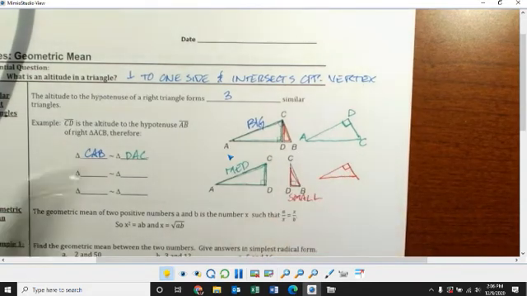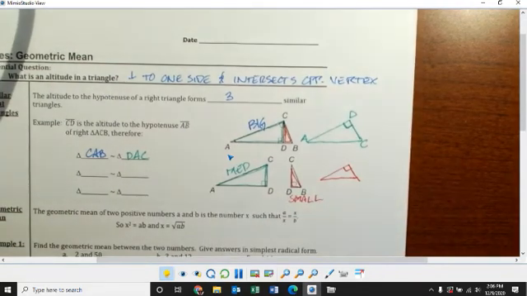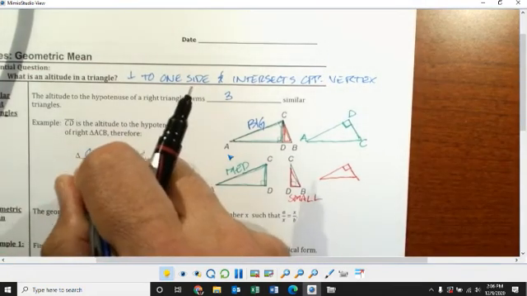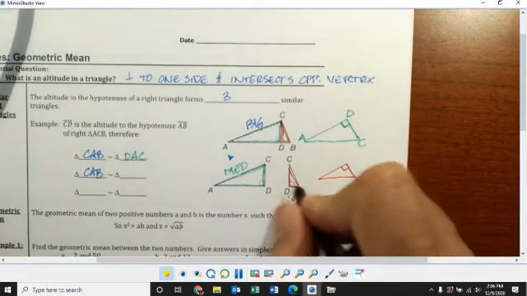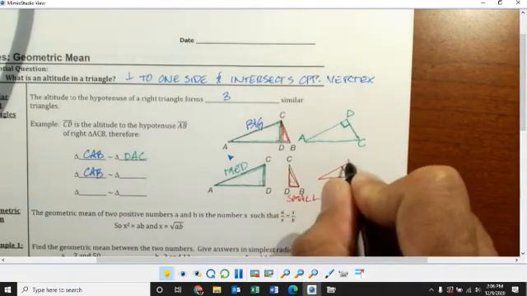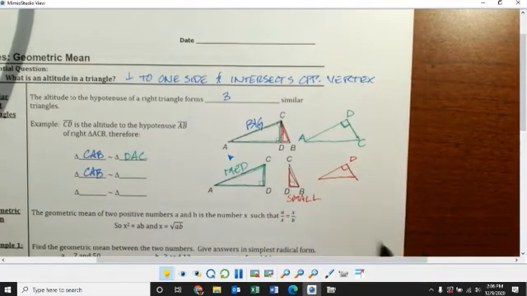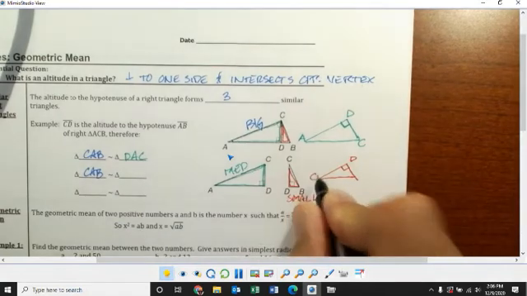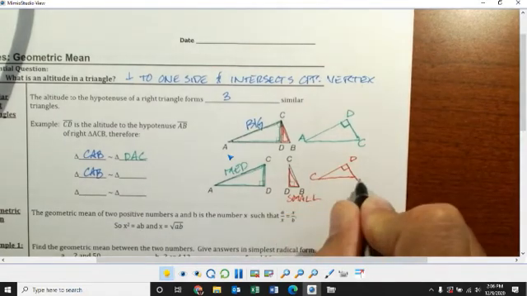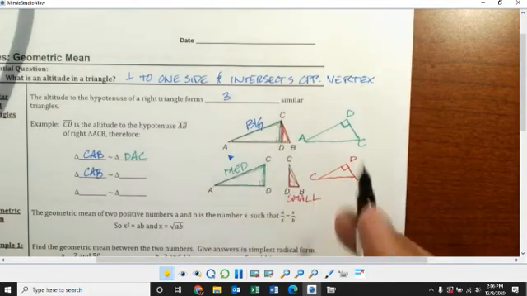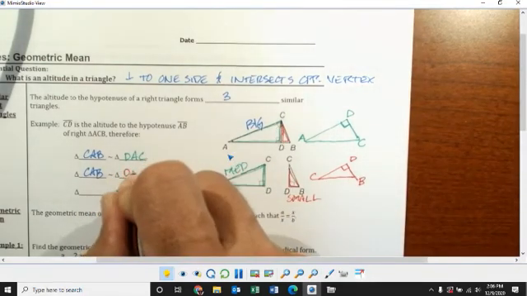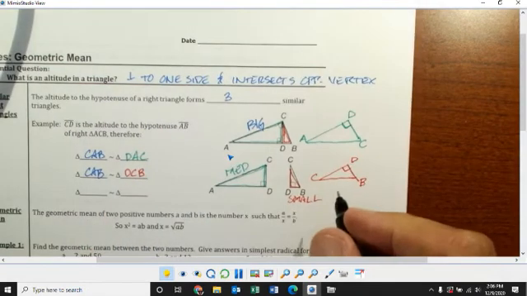So for the small triangle, again, I'm going to take triangle CAB, my original triangle, and the small triangle, okay, the right angle is at D, the long side is DC, and the hypotenuse is CB. So if I call my original triangle CAB, then this one is DCB.